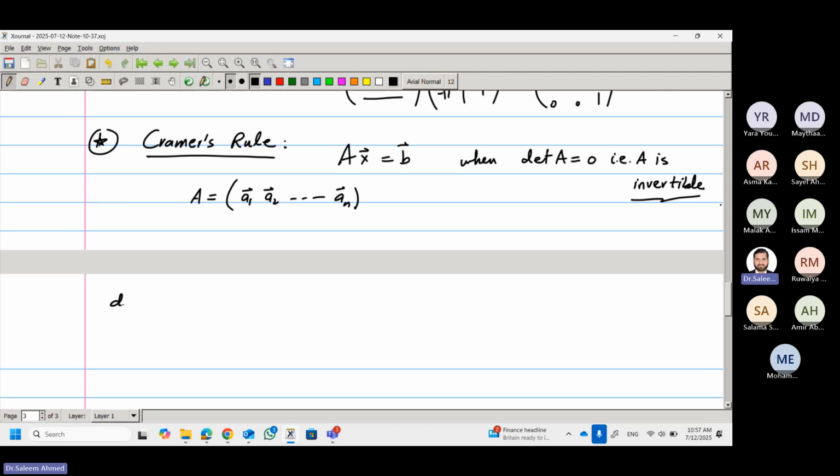We define a matrix AiB where the ith column is replaced by B. A1 as it is, A2 as it is, the ith column is replaced by B, and then the rest at the end. So the ith column of matrix A is replaced by B.